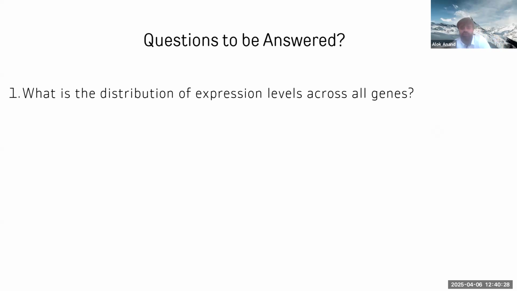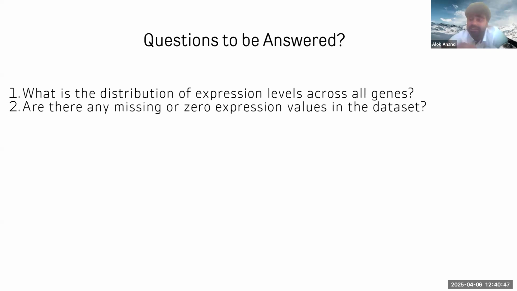Suppose that we are taking only 10 genes. What is the distribution of these 10 genes in the two different conditions, that is, how the genes are expressing in the given conditions?